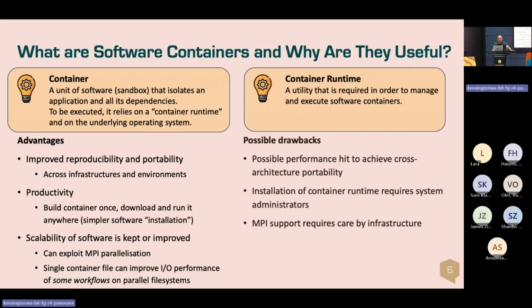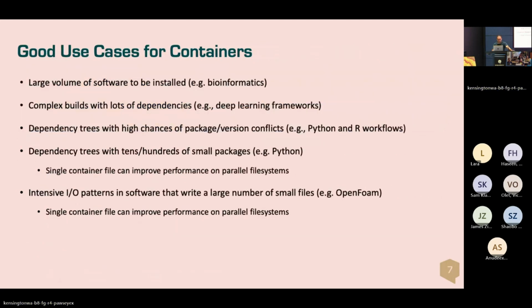So there are a few drawbacks. Also, you need a container runtime or engine to run this container. It has to be available on the system, and MPI and other particular features of a system may not be available within the container.